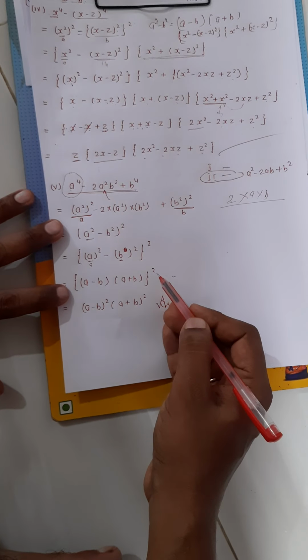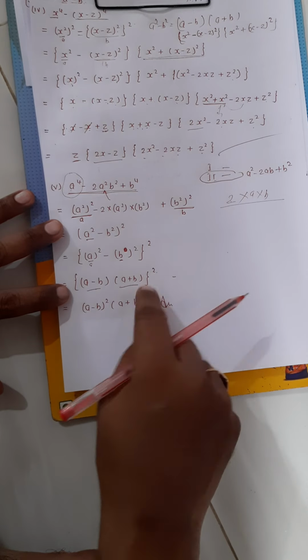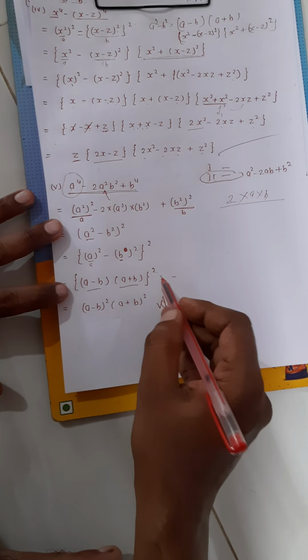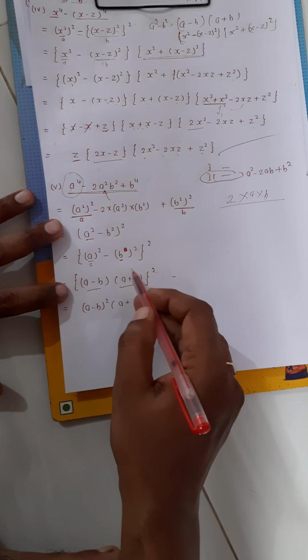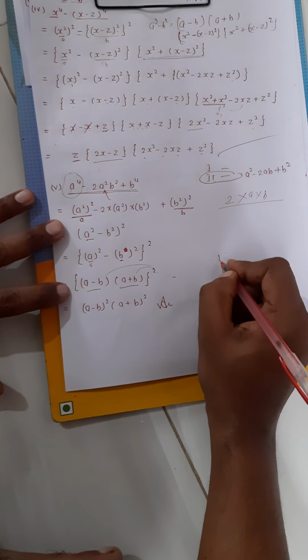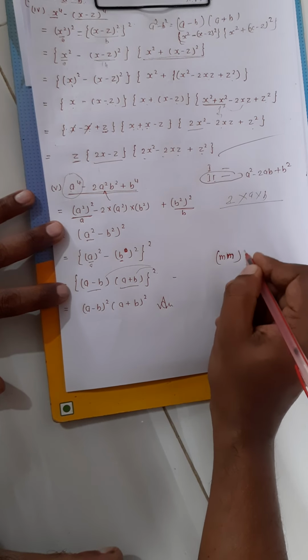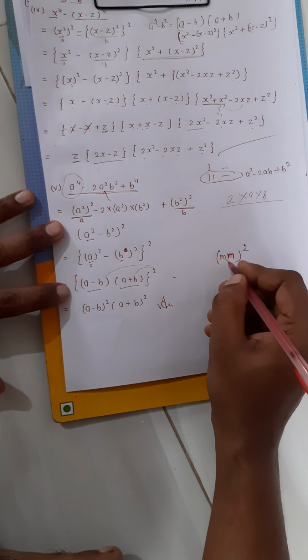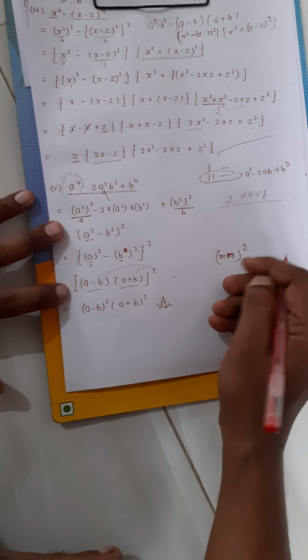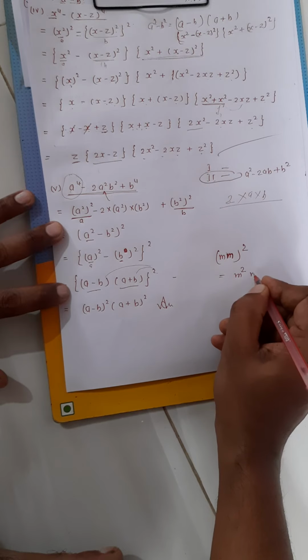Since here there is a square and these two terms are in multiplication, what will happen? The square will come with both terms. You know that if the squares of m and n are multiplied, what will be our value? m square n square.